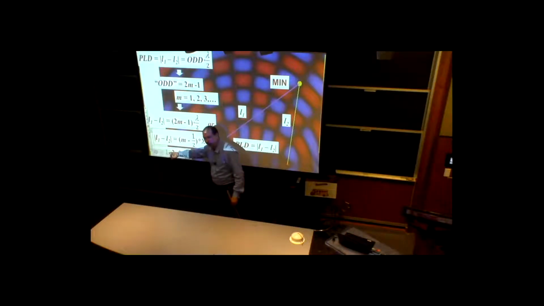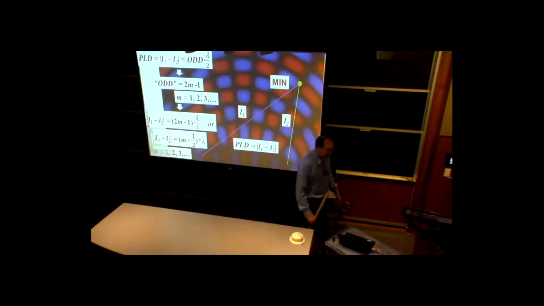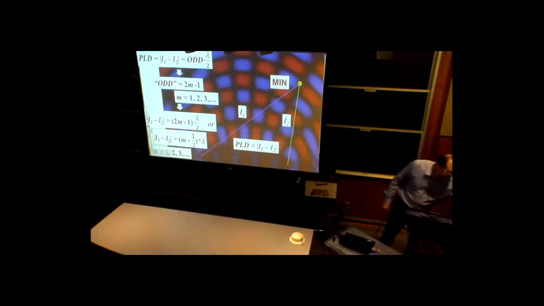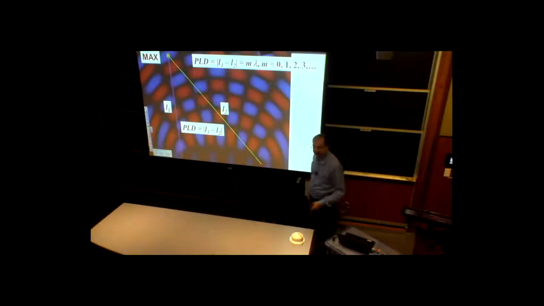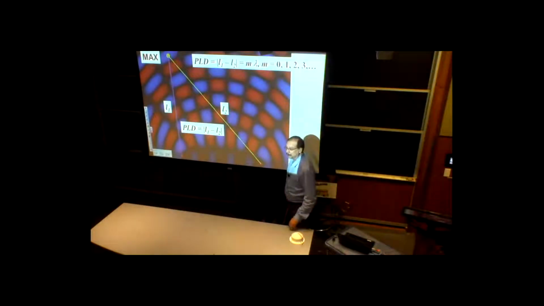We will call them first, second, third, fourth, fifth, etc. And the same we can do for maxima. The condition for a maximum looks simpler. We just need to be able to fit a natural number, a whole number of wavelengths. Where to fit it? In path length difference. That's it.